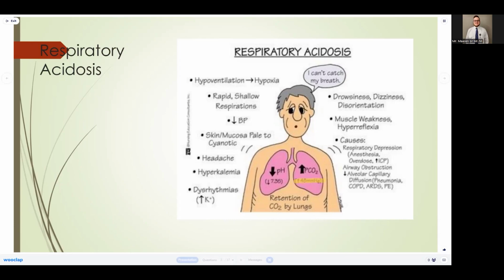Just general respiratory depression from oversedation with medicines, overdose, other neurological symptoms causing respiratory depression, airway being blocked. A COPD patient is much at risk for respiratory acidosis, and so COPD, pneumonia, blood clot in the lung, pulmonary embolisms, acute respiratory distress syndrome. That's the ARDS. So a lot of breathing issues.